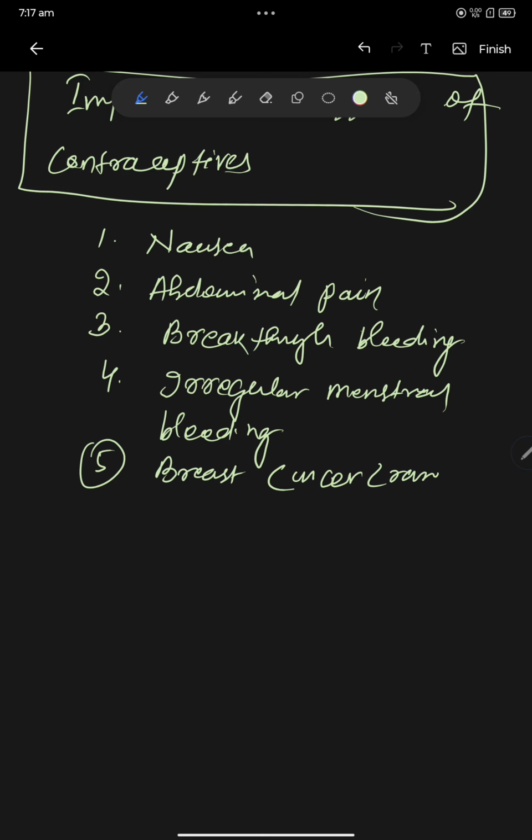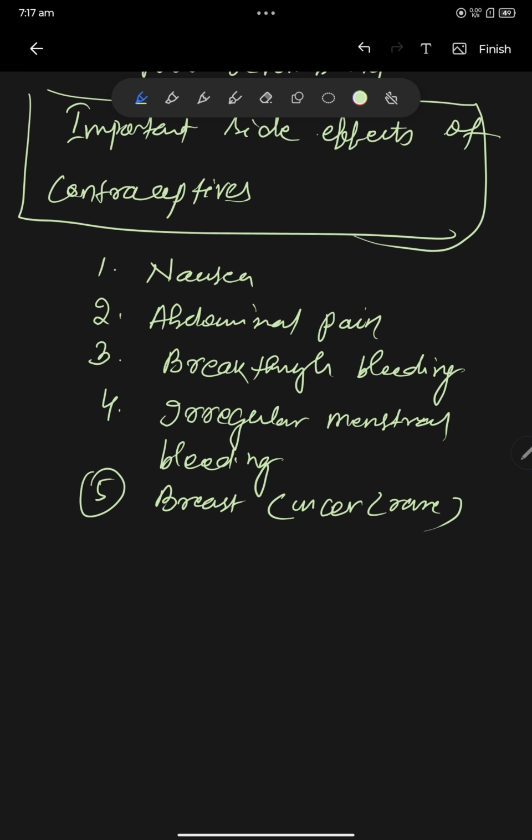But this is the rarest one. Okay, so these are the contraceptive methods.